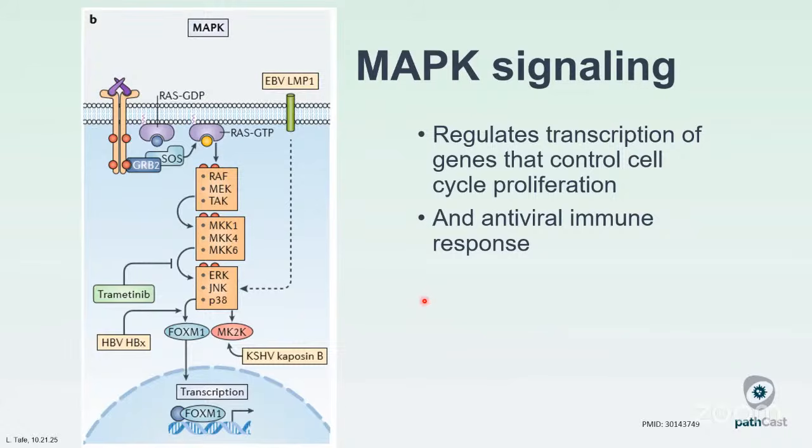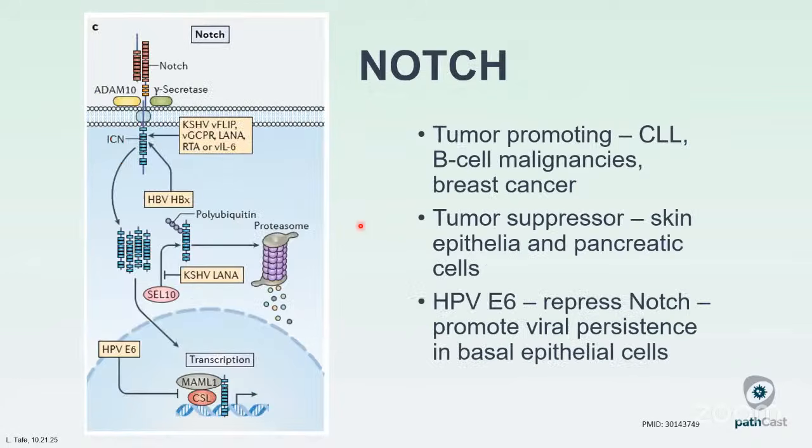This can regulate transcription of genes that control cell cycle proliferation also. The Notch pathway is a tumor promoting pathway in several of the lymphoid malignancies and breast cancer. It is also a tumor suppressor pathway in skin epithelium and pancreatic cells. And HPV can repress the Notch pathway, promoting viral persistence in the basal epithelial cells.